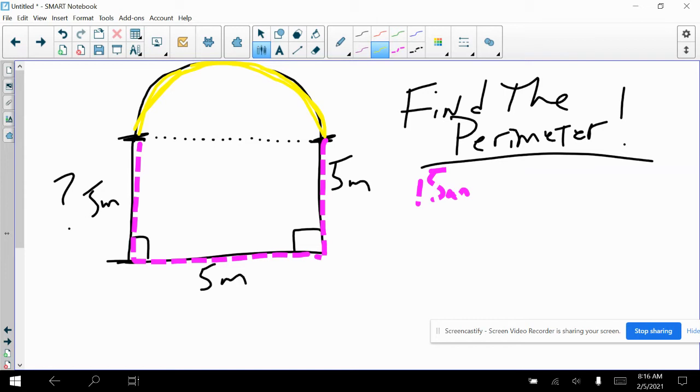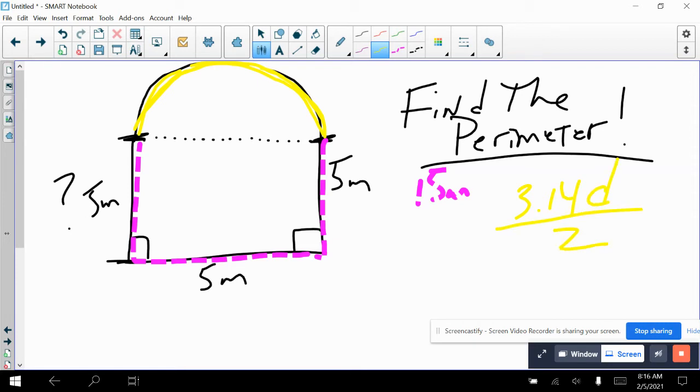Whoa, don't give me numbers. Just give me what it is. Very good, sir. Divided by 2. Because 3.14 times D is what? Very good. The circumference of a whole circle.